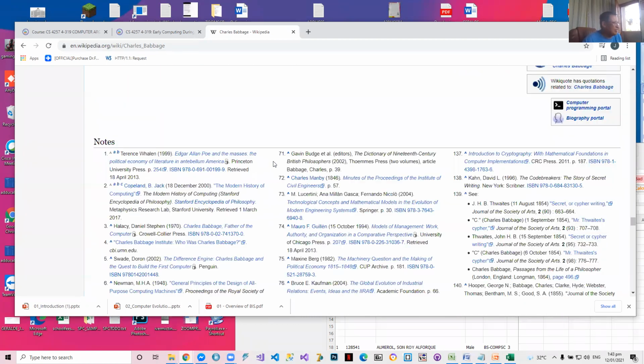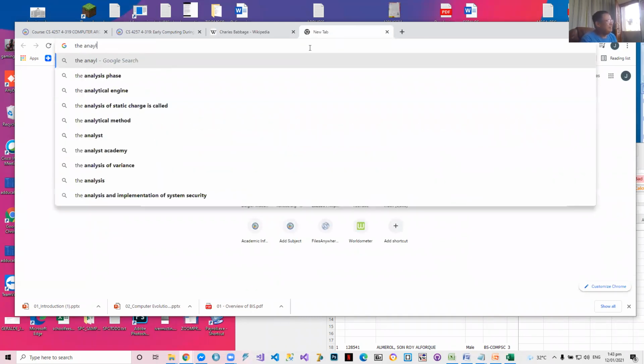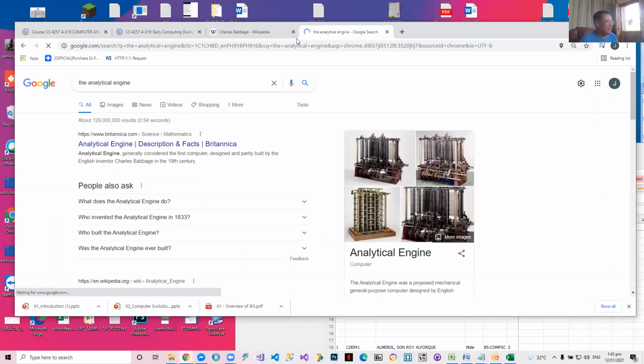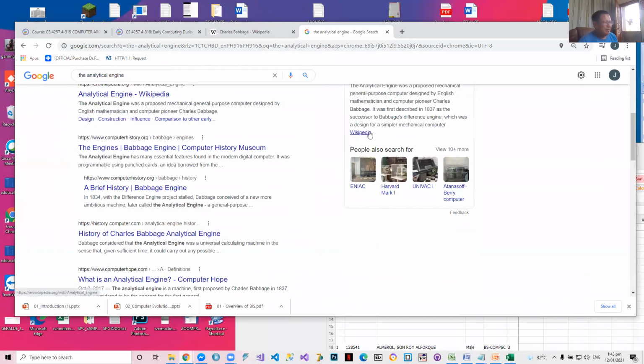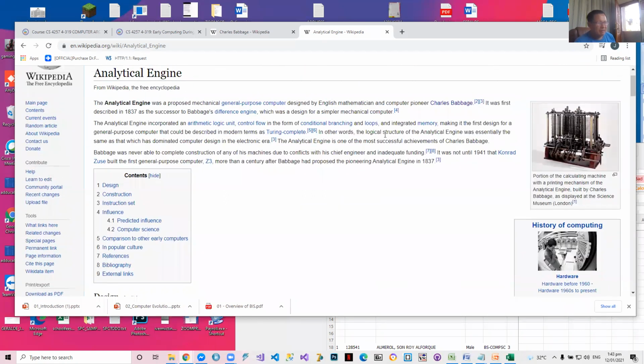So kailan na-invento ang analytical engine? The analytical engine by Charles Babbage. Okay. 1837, no? He was teaching. Charles Babbage is an inventor.